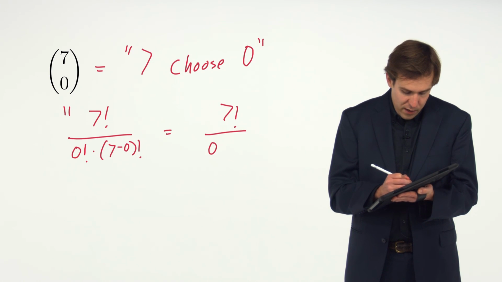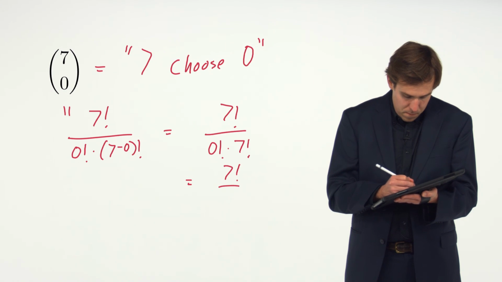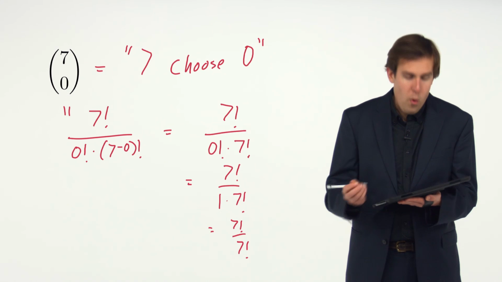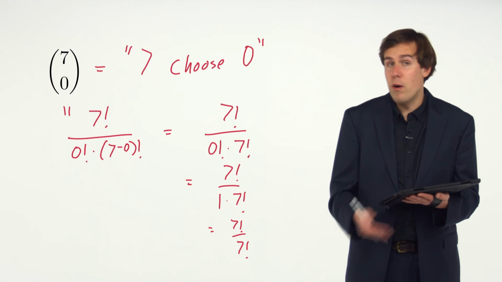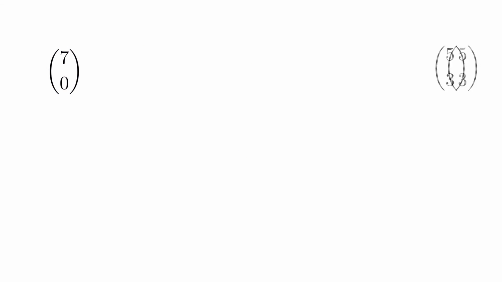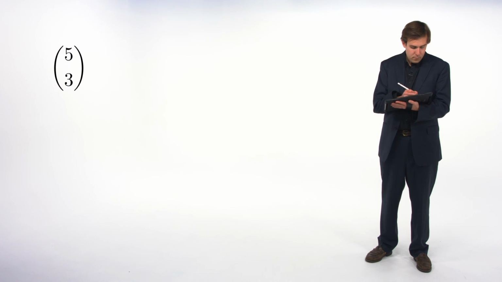So just simplifying everything out. And I end up in a similar situation where I end up with some number factorial divided by that same number factorial. So just 1. So again, this doesn't really do too much conceptually, but it is important to understand the definition.